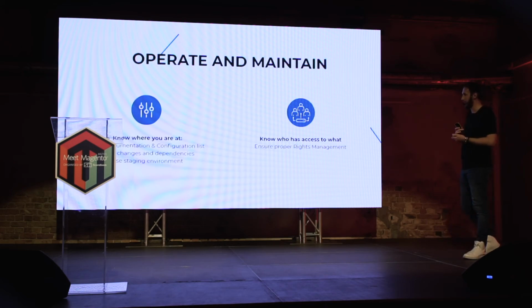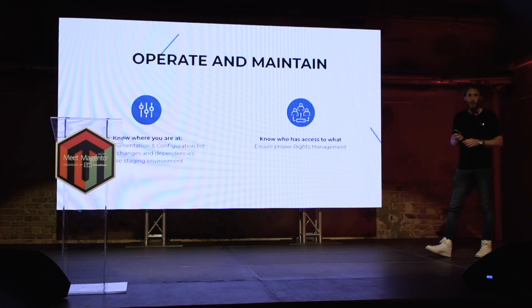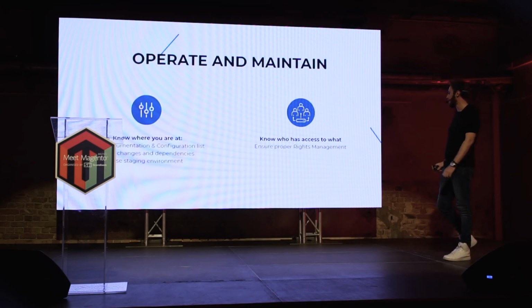Track changes and dependencies, and even if you think a feature is just about toggling on, toggling off, use a staging environment. So don't change the configuration of a feature directly in production. Test it first in staging and ensure that there is no interdependency or side effect of just configuring a feature.